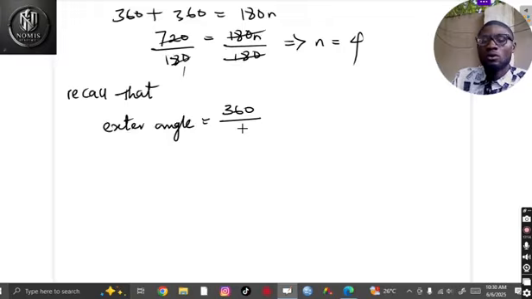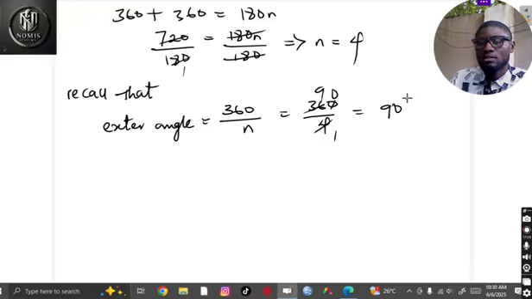So that's 360 all over 4. 4 into 36 is 9, 4 into 0 is 0. So we have 90 degrees. The exterior angle is equal to 90 degrees.